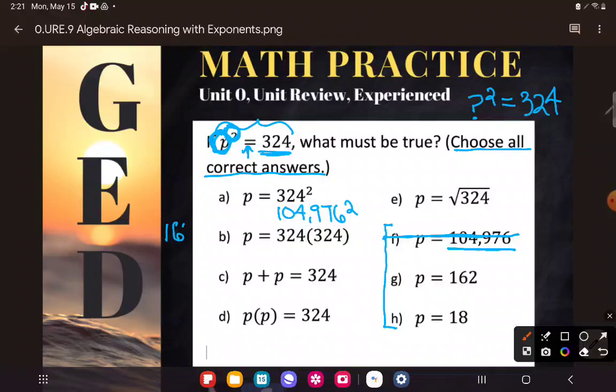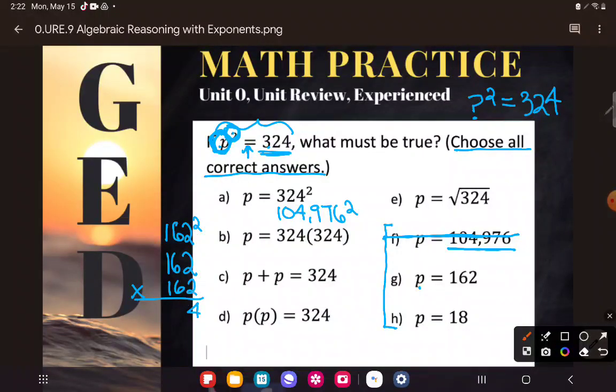Remember, I'm saying if this is p and p squared is equal to 324, will it equal 324 if I take 162 and multiply it by itself? Yeah, if I were adding, okay, I'd get 324, but if I'm multiplying, I'm going to get something huge.